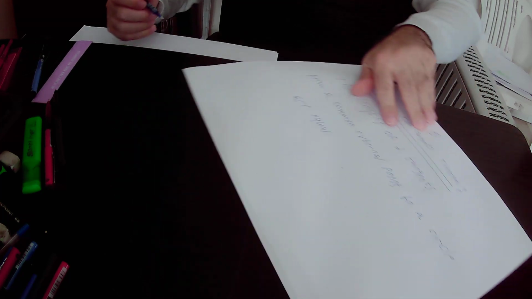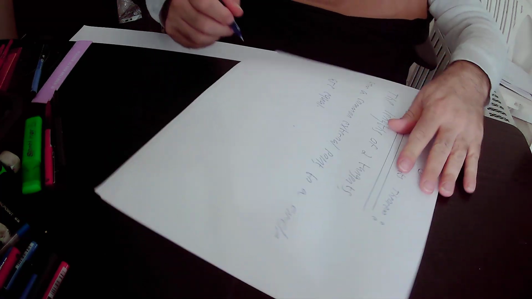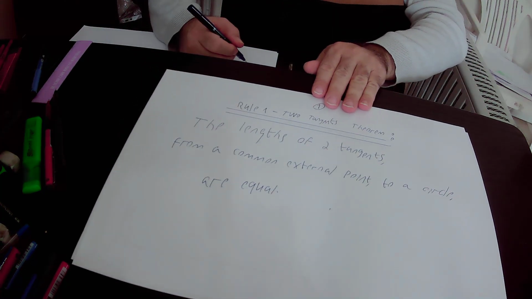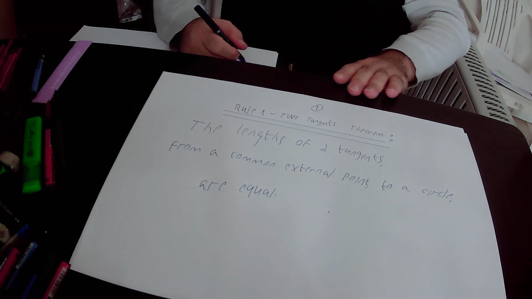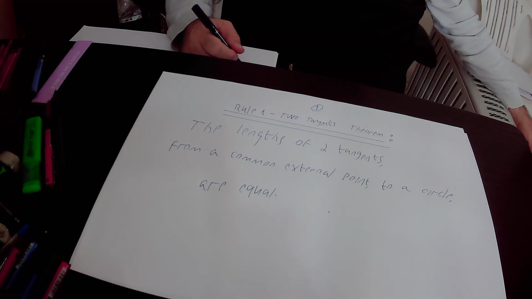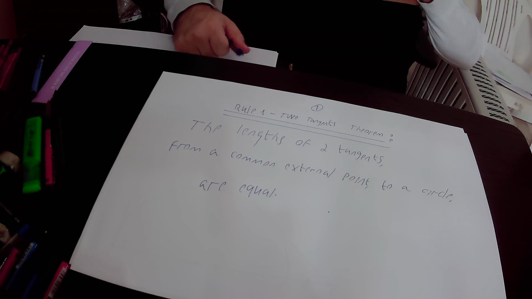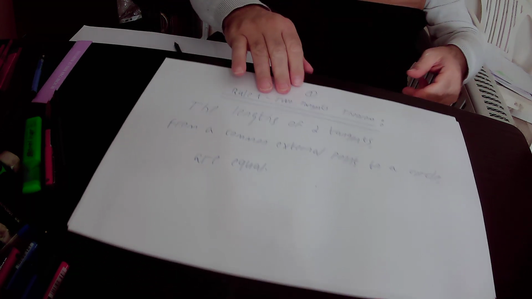So I will read rule number 1 again. The lengths of two tangents from a common external point to a circle are equal. So what is the meaning of rule number 1, or two tangents theorem?